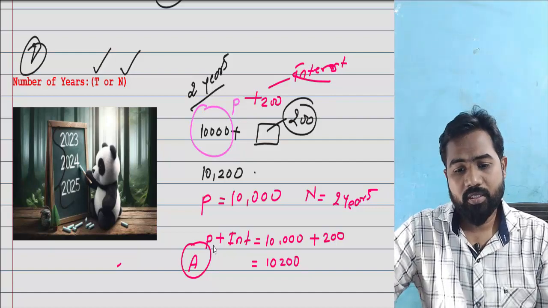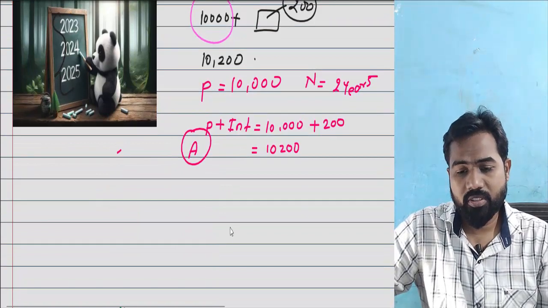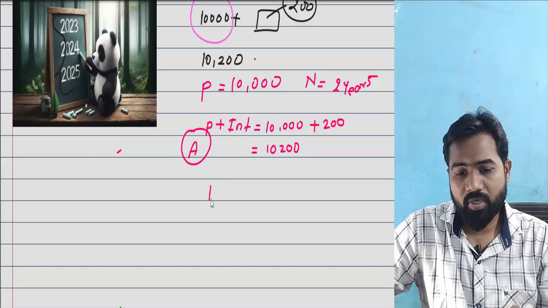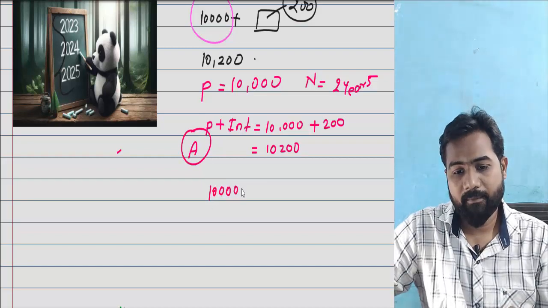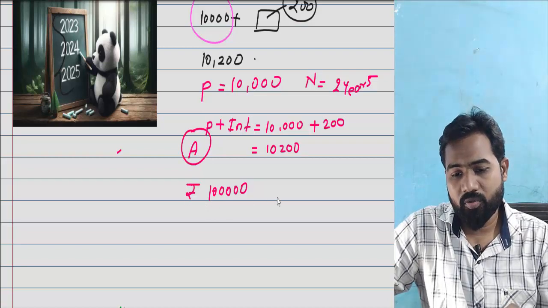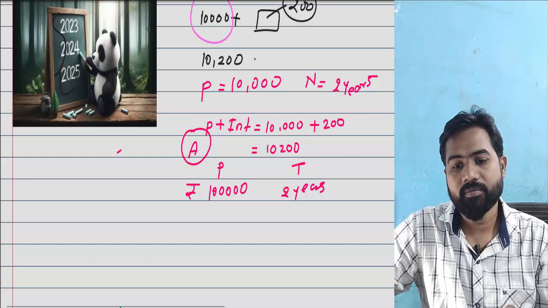So let us consider the next part. Suppose you are going to take 1 lakh from the bank, again for 2 years. This 1 lakh will be your principal amount, and T will be your time, or capital letter N, that is the time period.